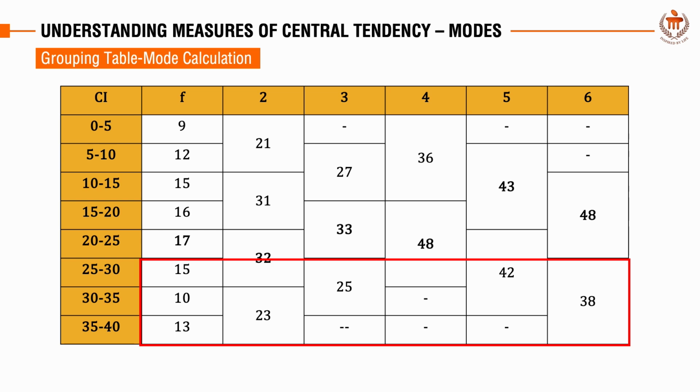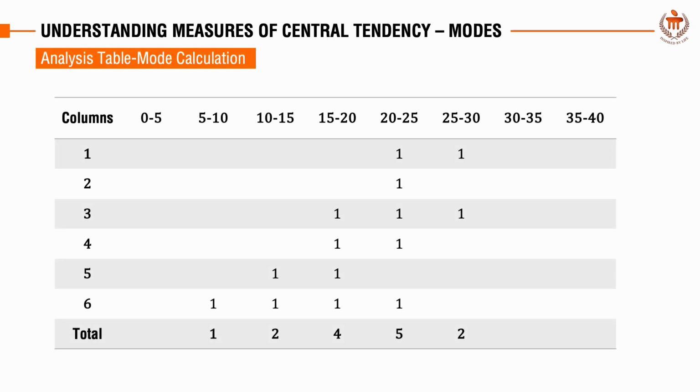Okay, now once you get this grouping table, from each column see which frequency is highest, and then mark it. Whichever frequency is highest, just mark it. Write down the class intervals on the left side and the columns on the right side.